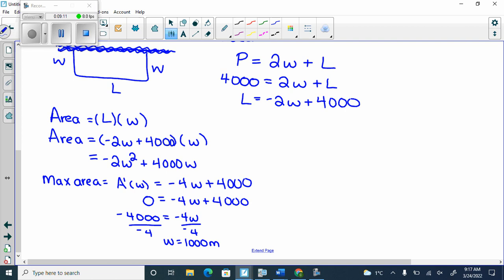So w is 1,000 meters, and it says, what is the largest maximum rectangular area? Well, area is length times width. I have width. How do I get length?